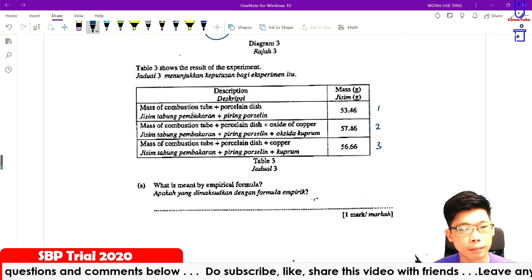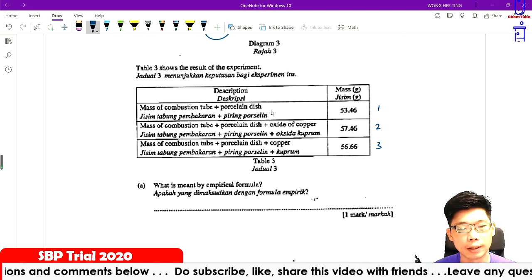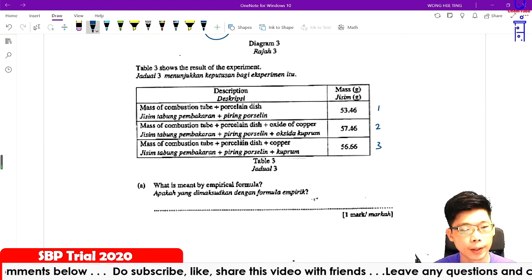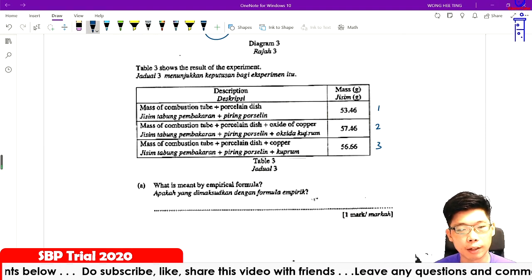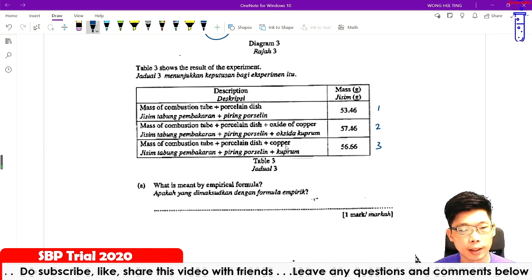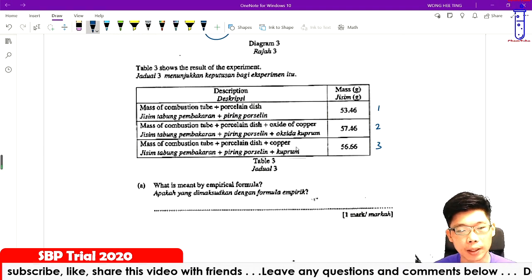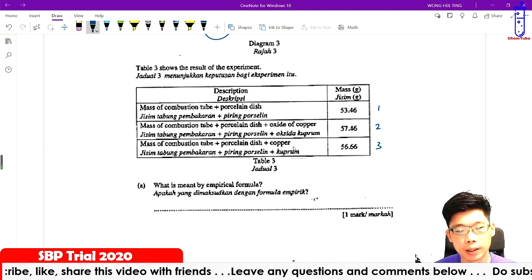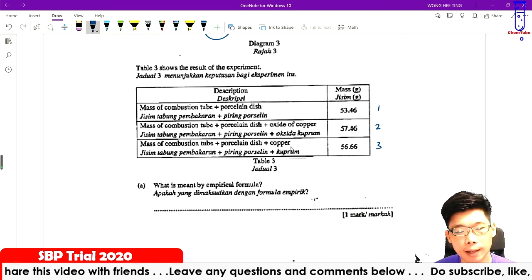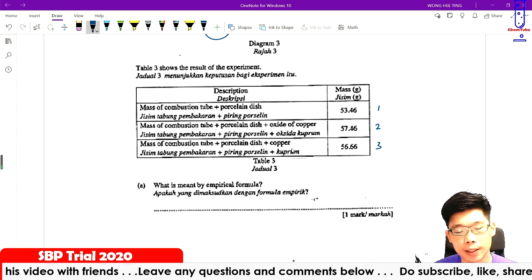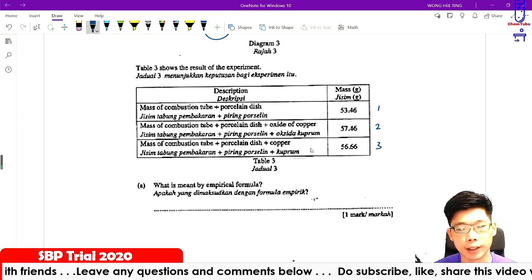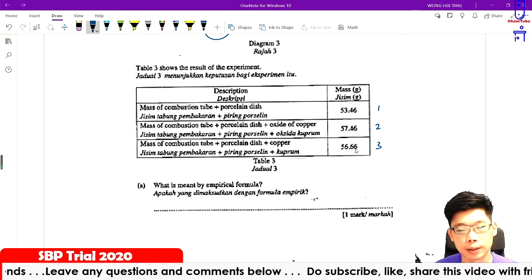The mass of the combustion tube with the porcelain dish is 53.46. Then with oxide of copper, it is 57.46. After the displacement reaction, what remains is the copper, because the oxygen has been displaced by the hydrogen, so it's 56.66.